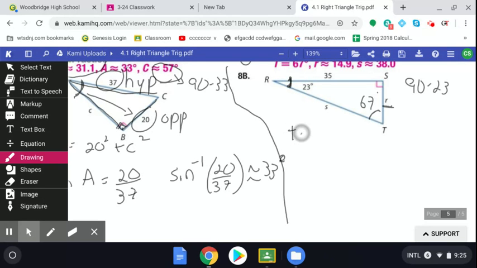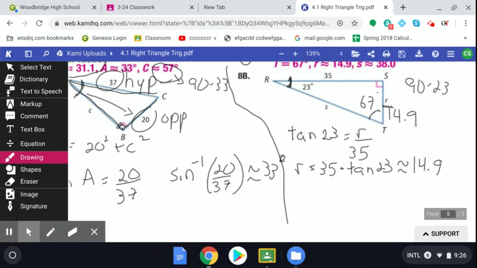So I'm going to say that tangent 23 is equal to the opposite side, which is R, over the adjacent side, which is 35. So R should be equal to 35 times tangent 23, and that should be about 14.9. And then I still need to find side S. You can use the Pythagorean theorem, or I would use another trig ratio.